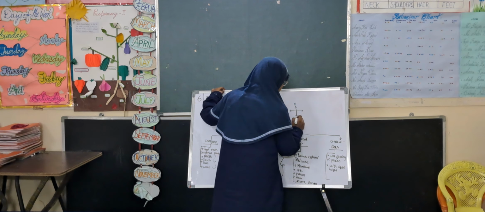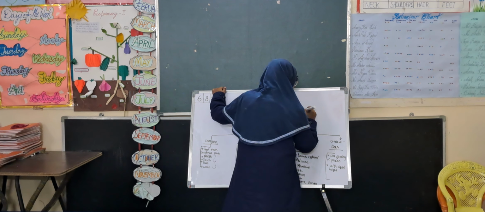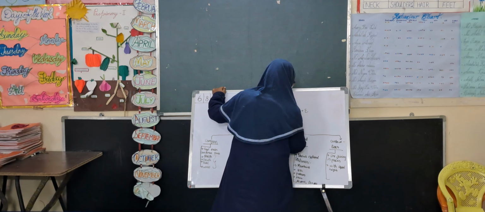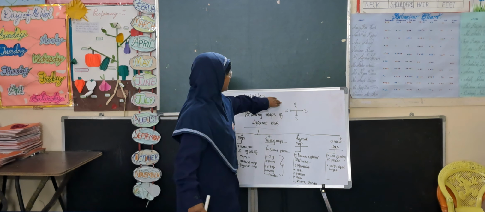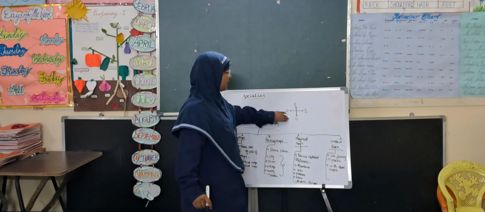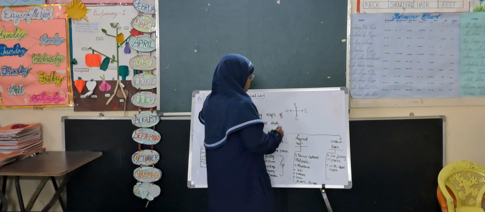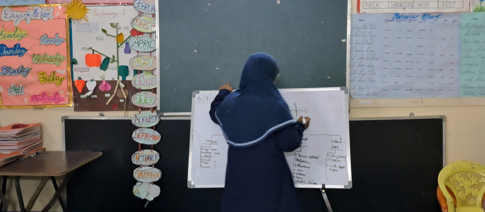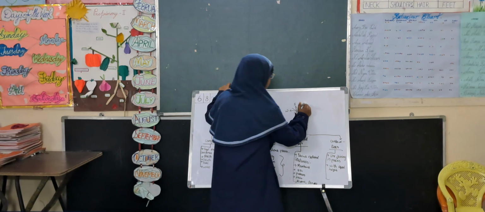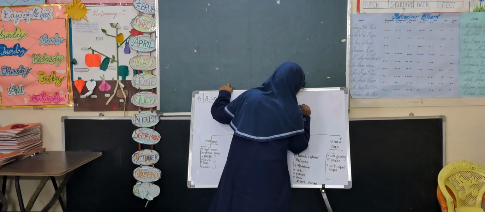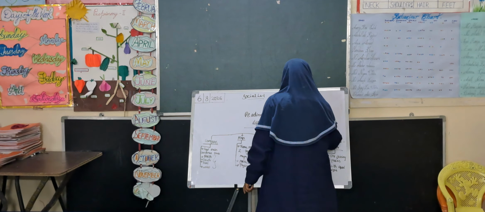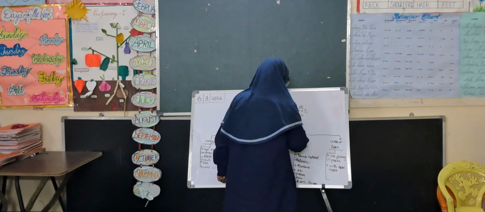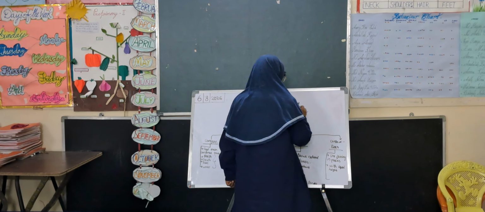North, south, east, and west. So these are the directions. There are more points too: northeast, southeast, southwest, and northwest.